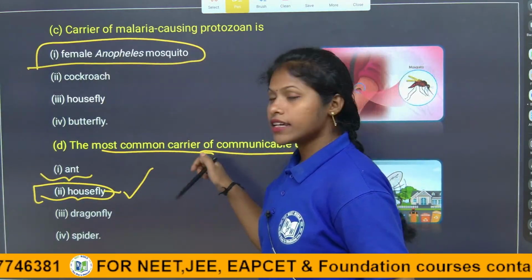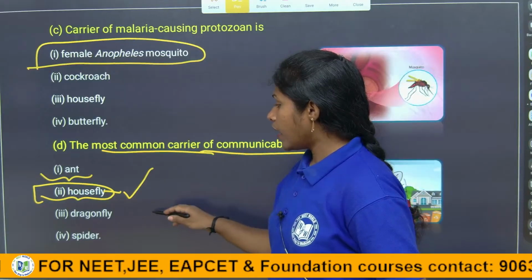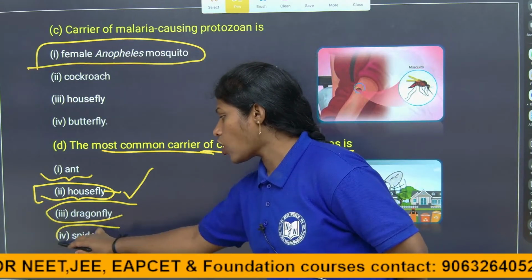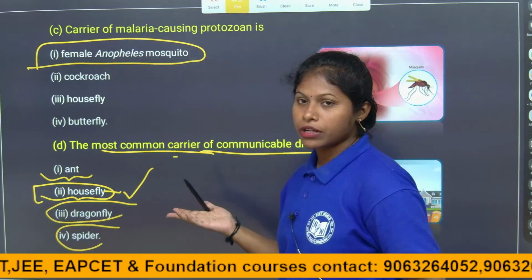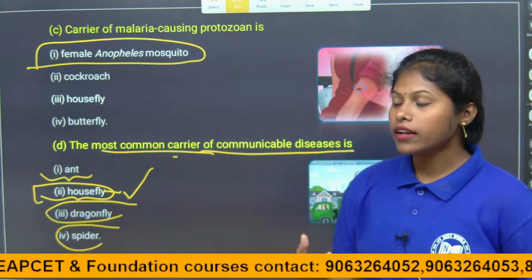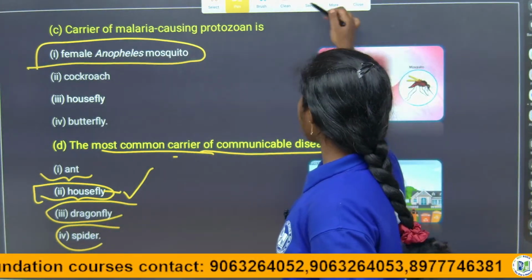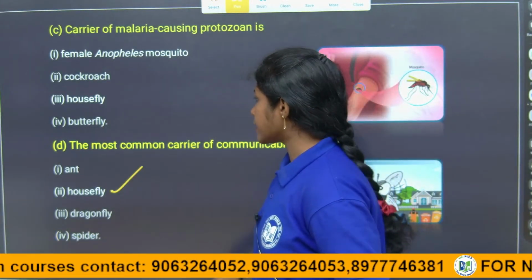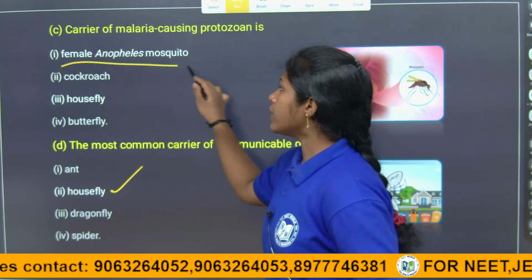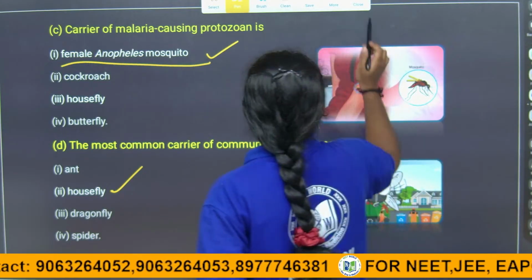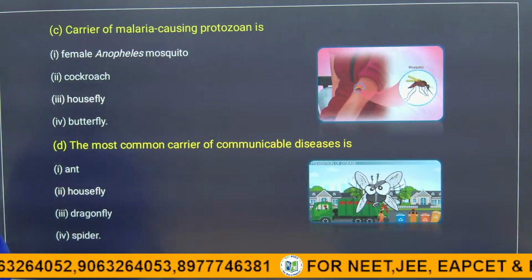The housefly is the best example, and the dragonfly is not the most common carrier. So the answer is the housefly, children. The female Anopheles mosquito was the answer for the previous question. Coming to the next question, children.